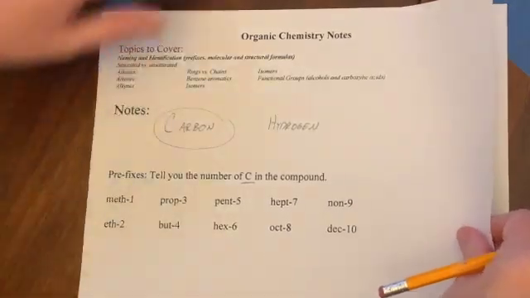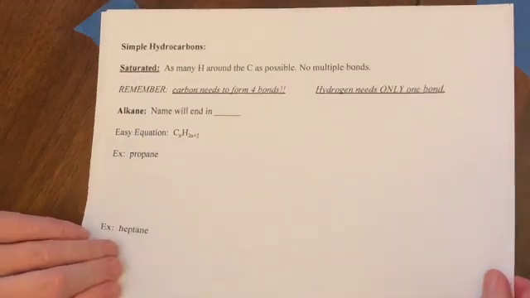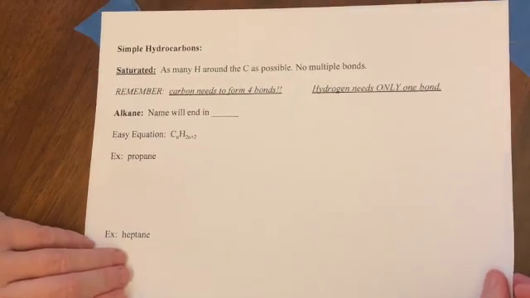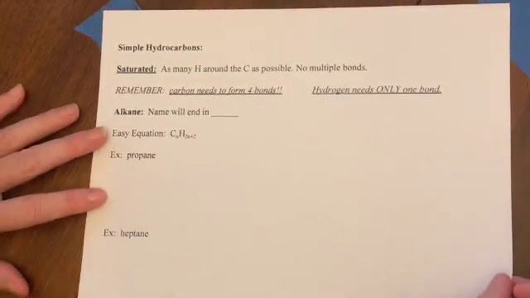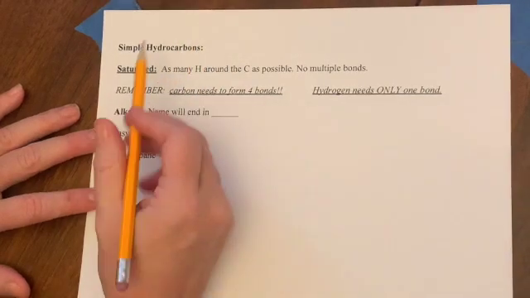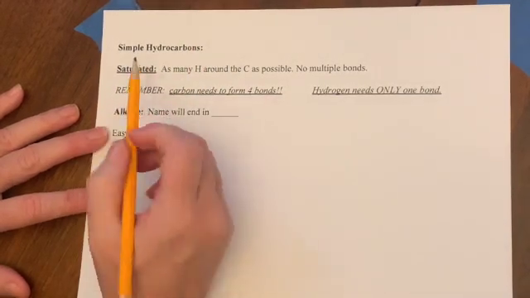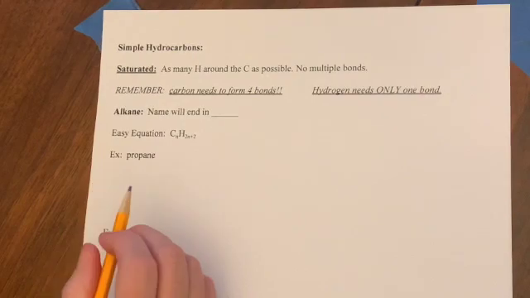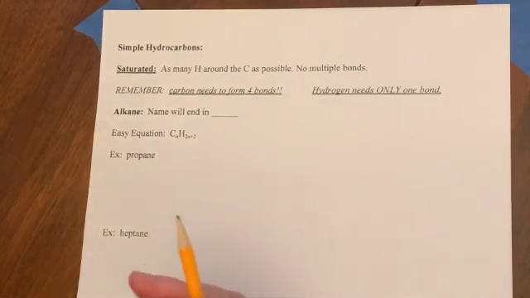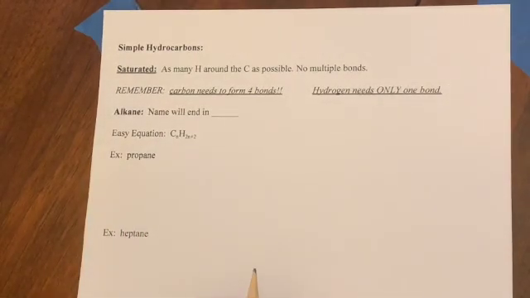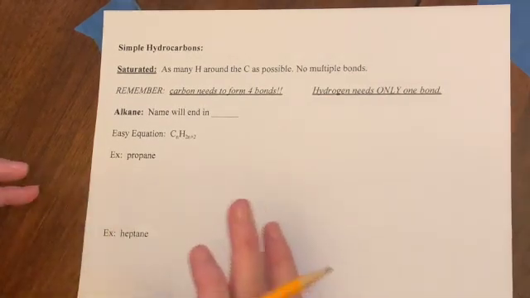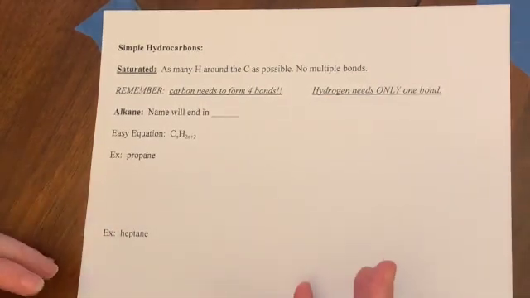We are going to start out with the simplest type of organic compound, known as simple hydrocarbons. Specifically, these are saturated simple hydrocarbons. The words saturated and unsaturated should sound familiar to you because of everyday talk of saturated and unsaturated fats.